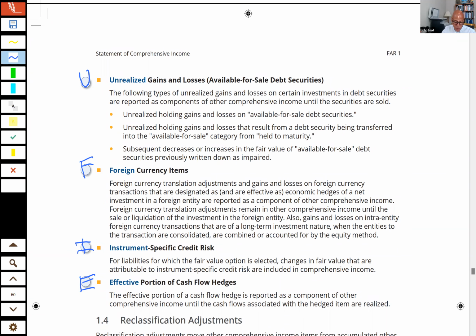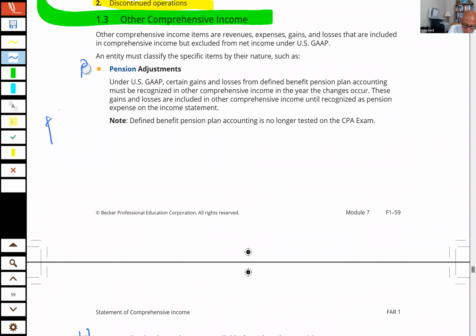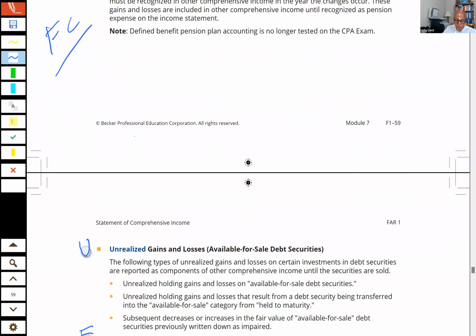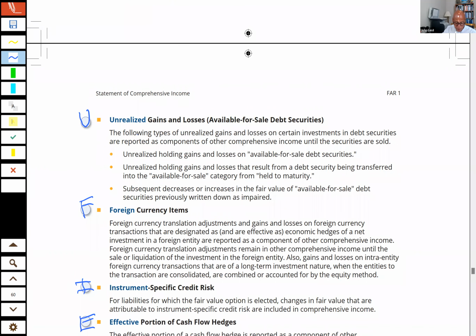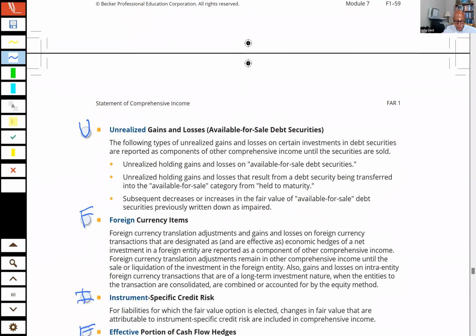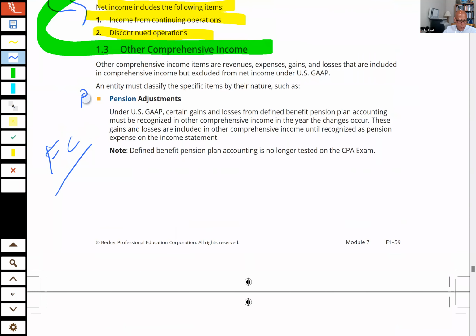That's the mnemonic, and you can go ahead and flashcard the elements that constitute the other comprehensive income. But remember, my comprehensive income is everything that changes stockholders' equity except what? It's stock issuances and dividends. Okay, that's the easiest way to remember it, but you can also flashcard the elements of my other comprehensive income.